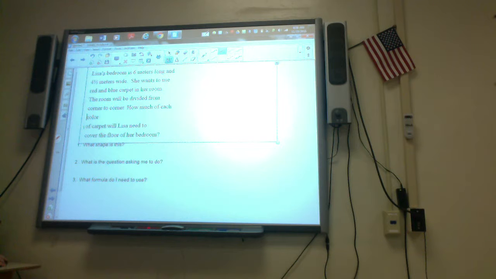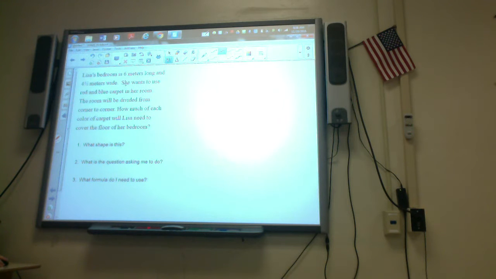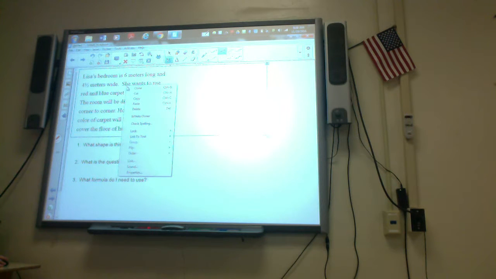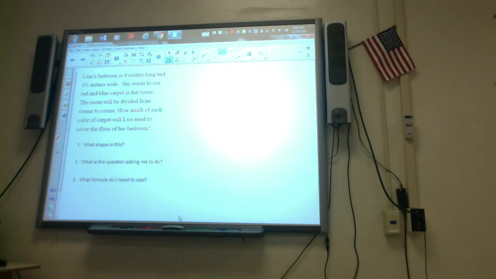All right, so let's look at this now. Lisa's bedroom is 6 meters long, 4.5 meters wide. She wants to do red and blue carpet in her room. The room will be divided from corner to corner. How much of each color carpet will Lisa need to cover the floor of her bedroom?